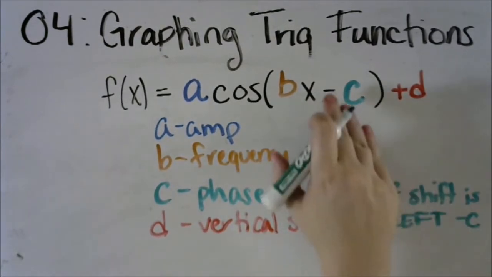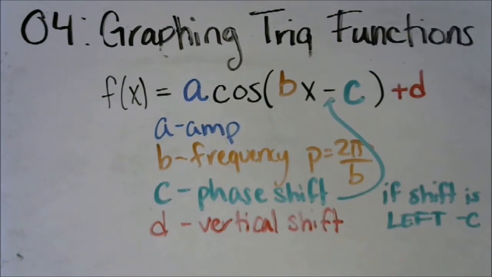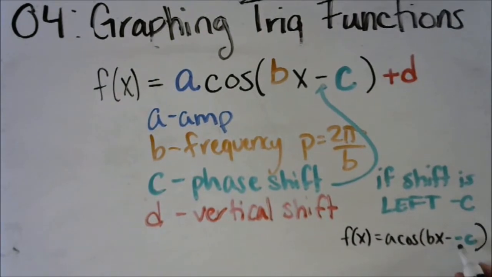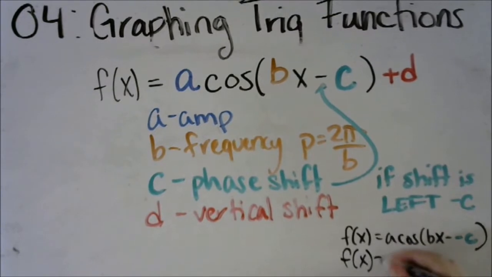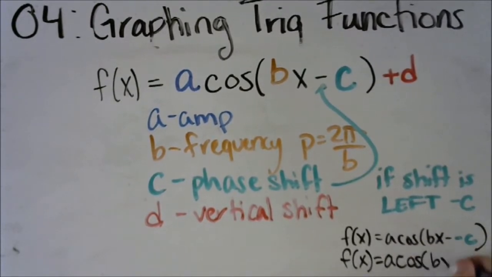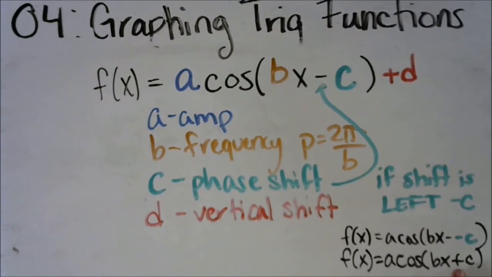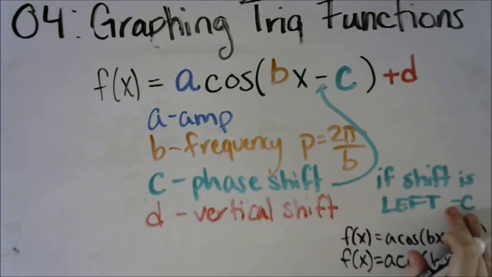If you input negative C in the formula, you would be looking at f of x equals a cosine bx minus negative C. Well, we know from algebra and arithmetic with integers that two negatives make a positive. What that means for us when we're graphing is that if we see a positive or a plus sign in our equation, the shift is actually to the left.